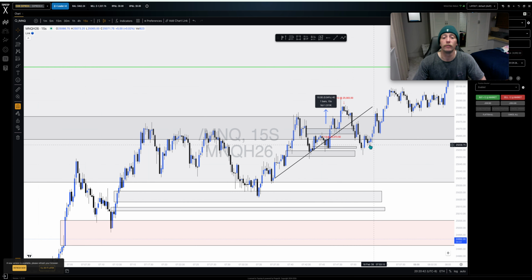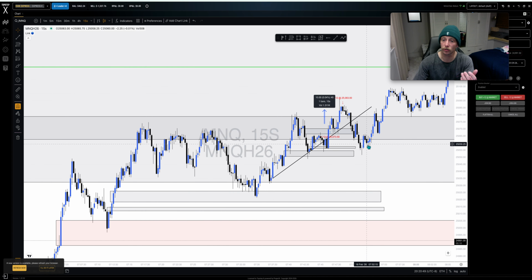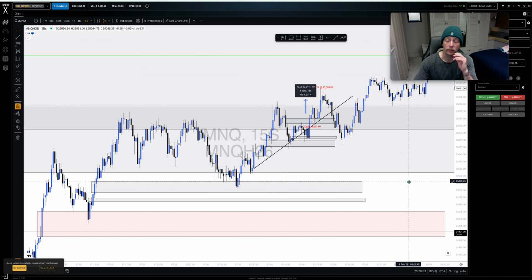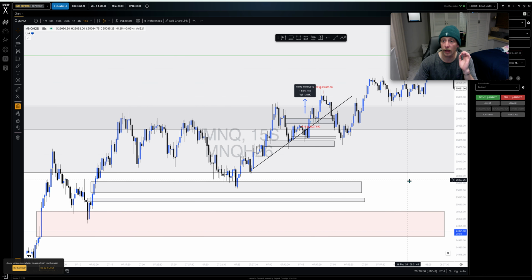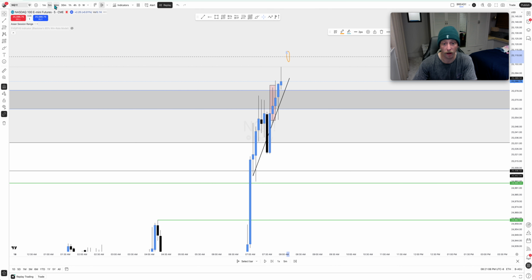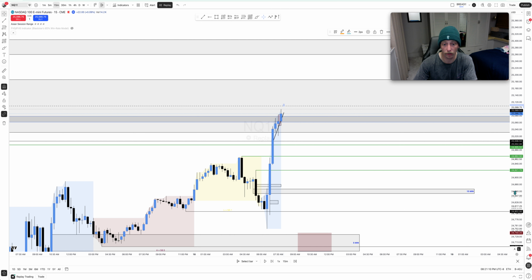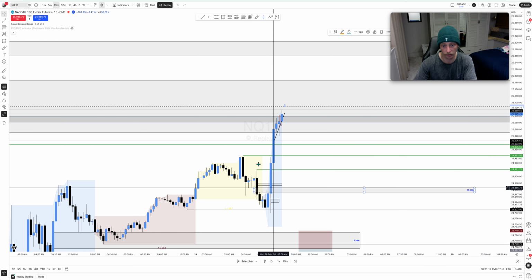But if you can dial it in and take a good trade like this, where you understand market structure, you see where price ultimately wants to go, and you can kind of take a little jab at price while it's moving, then that's fine. The best trade to take are higher time frame, like 5 or 15 minutes, and bigger breakouts like the one from this morning, like this one right here, targeting the higher draws.